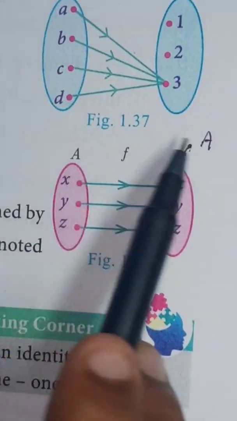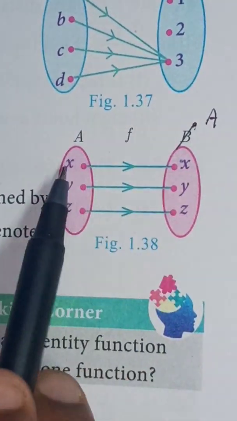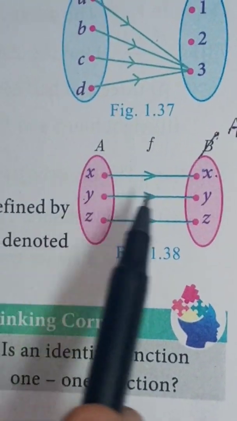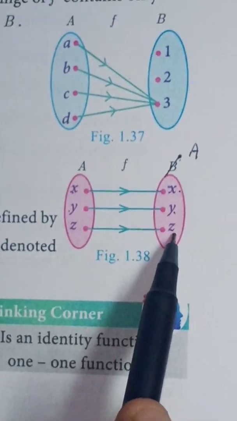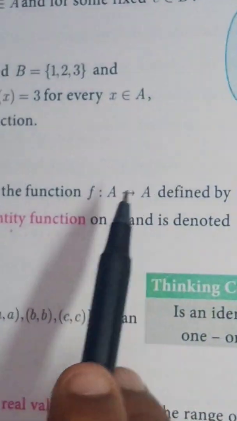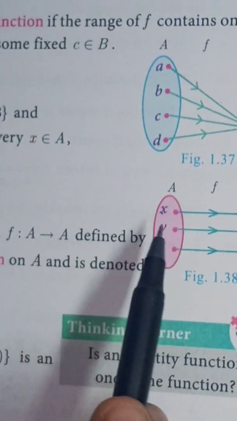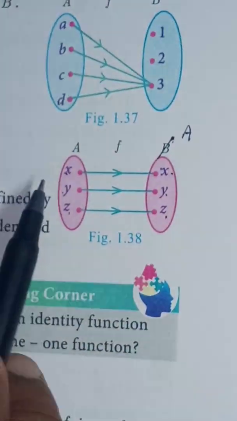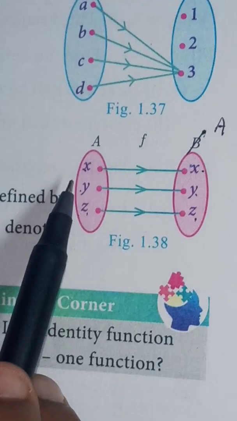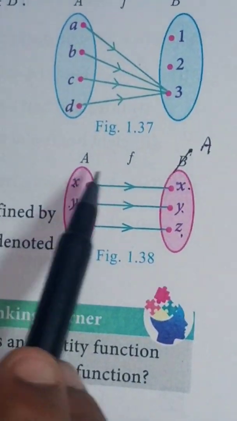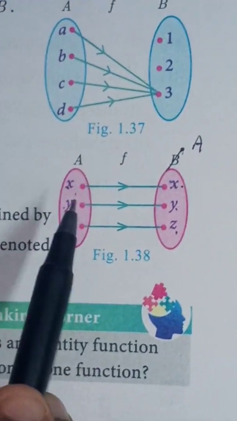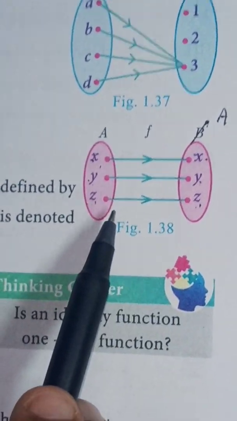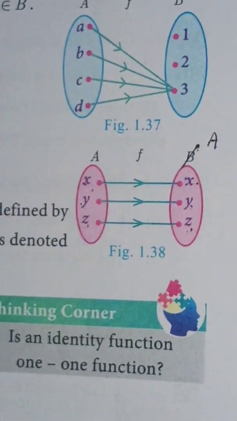The image of x is x itself, image of y is y, image of z is z. So each and every element of the domain is associated with itself. Understand the concept? It is an example for identity function.